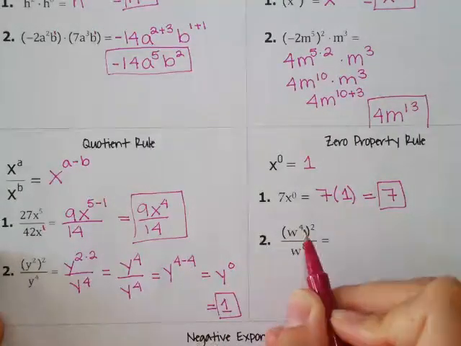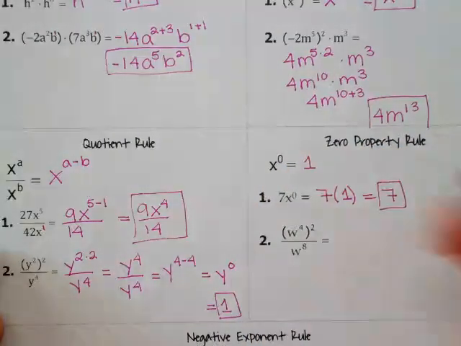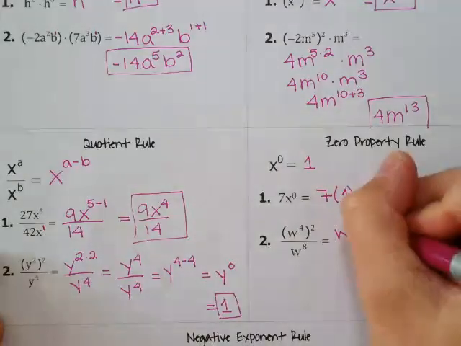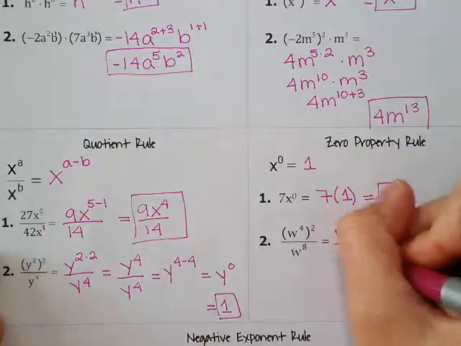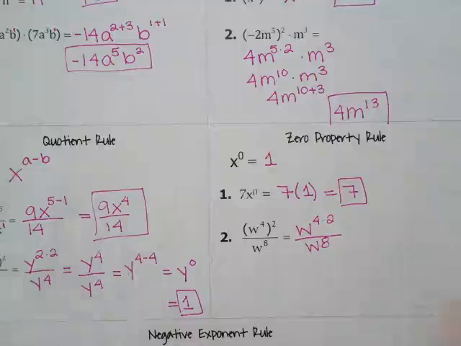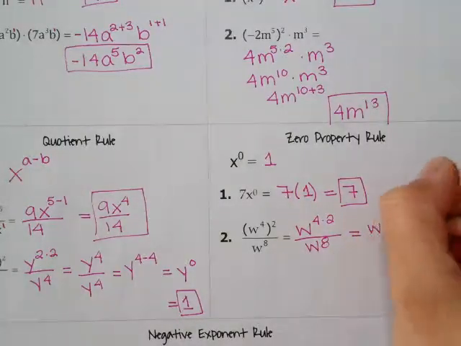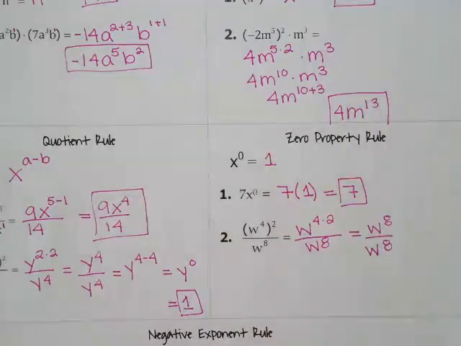I've got one base, 2 exponents, so I know I'm doing the power rule, which is that one there. Keep the base of w, multiply your exponents, 4 times 2, divided by our denominator of w to the 8th power. Simplify that numerator. That's going to be w to the 8th divided by w to the 8th power.